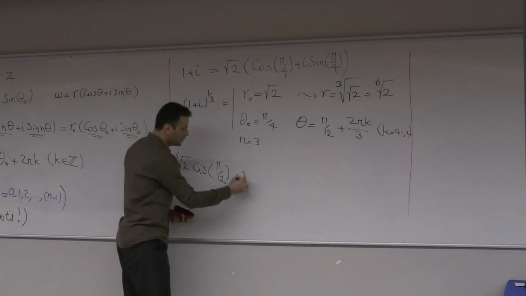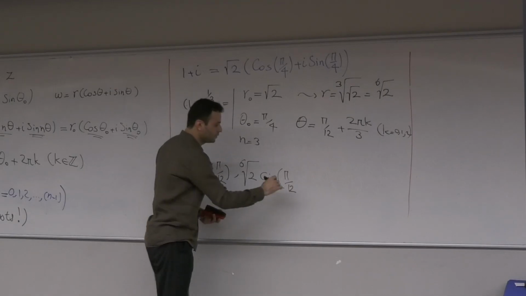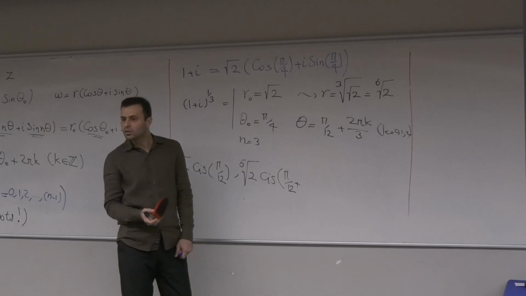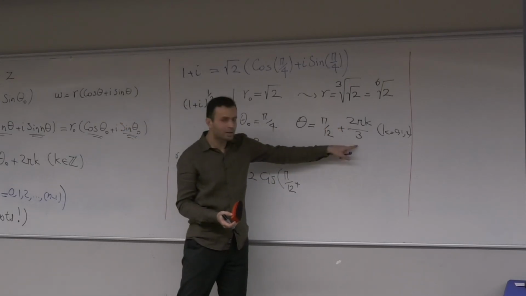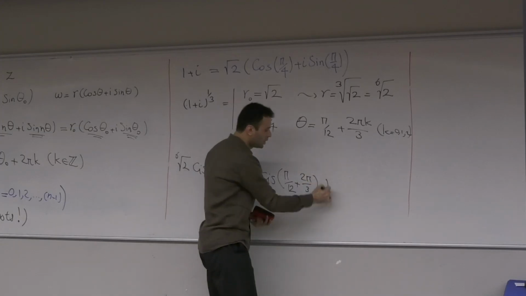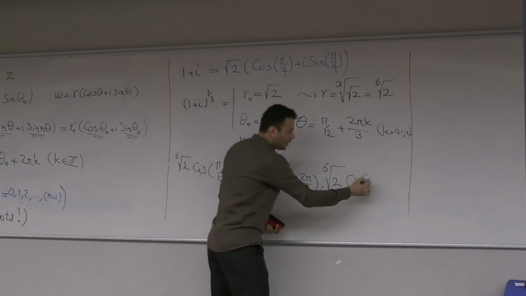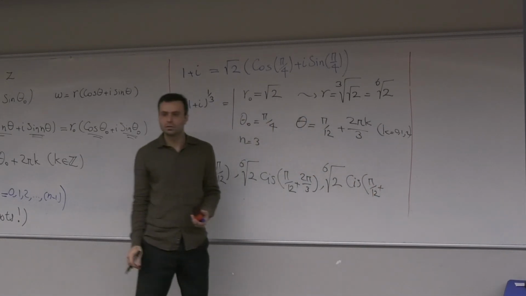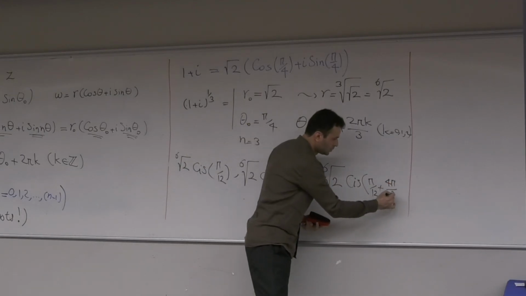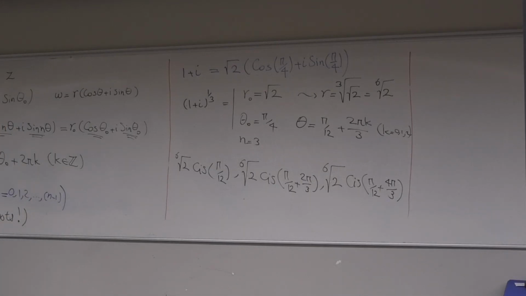The second one is going to be the sixth root of 2 CIS of pi divided by 12 plus, instead of k, we need to write 1, which is going to be 2 pi divided by 3. What is the third one? CIS of pi divided by 12 plus 4 pi divided by 3. Okay? We have these three values.